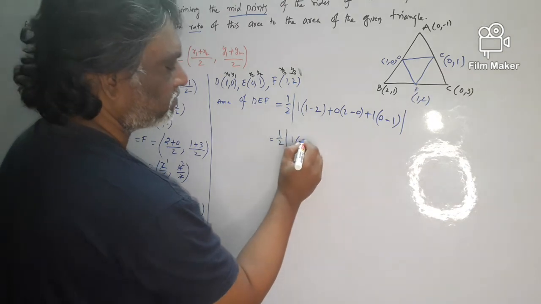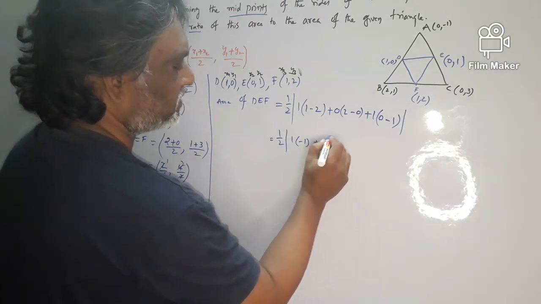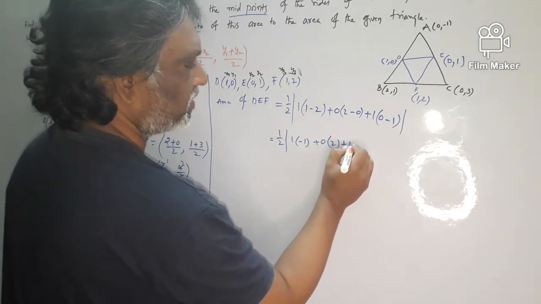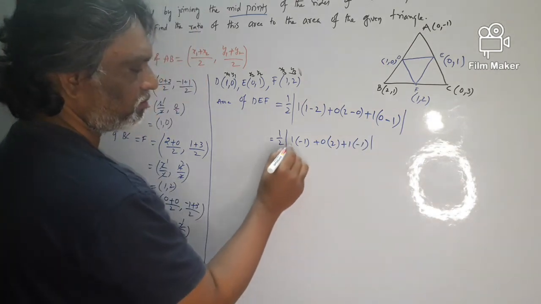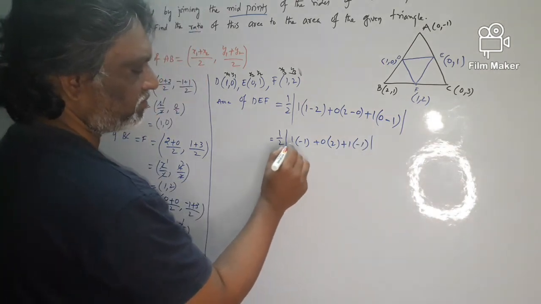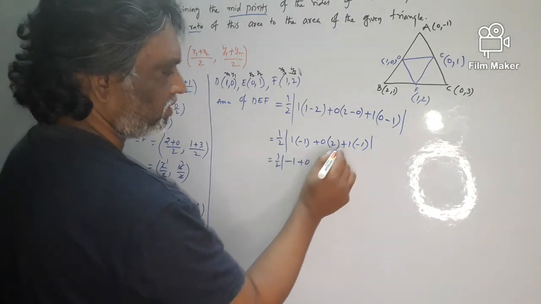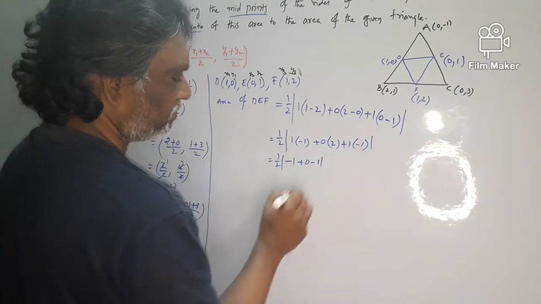1 minus 2 is minus 1 plus 0 into 2 minus 0 is 2 plus 1 into minus 1. Plus into minus, minus 1. 1 into 1, 1. 0 into 2, 0. Plus into minus, minus. 1 into 1, 1.